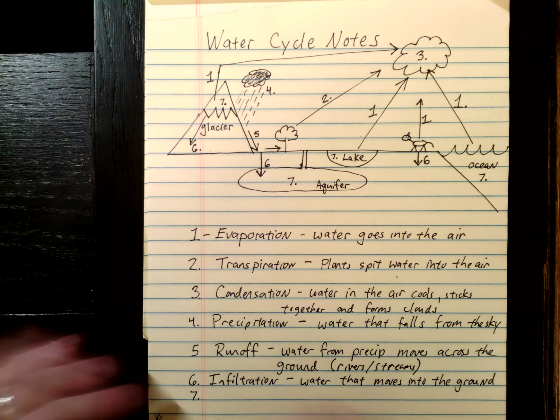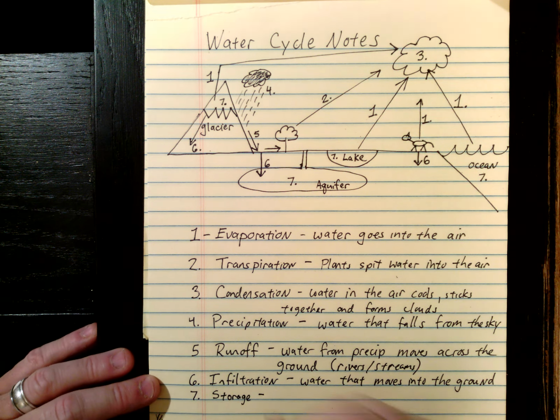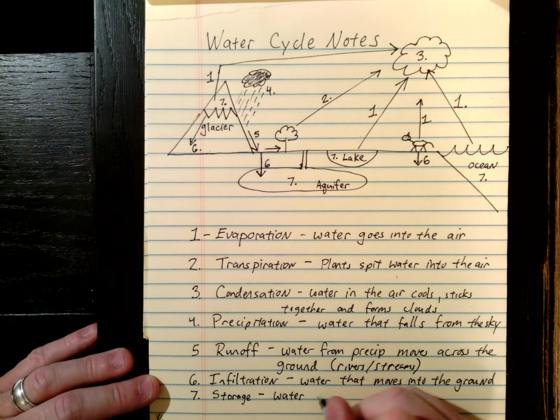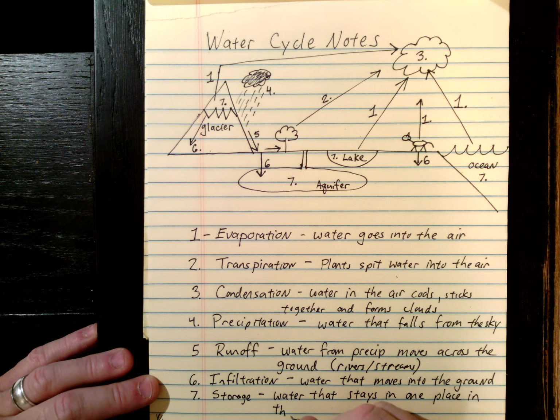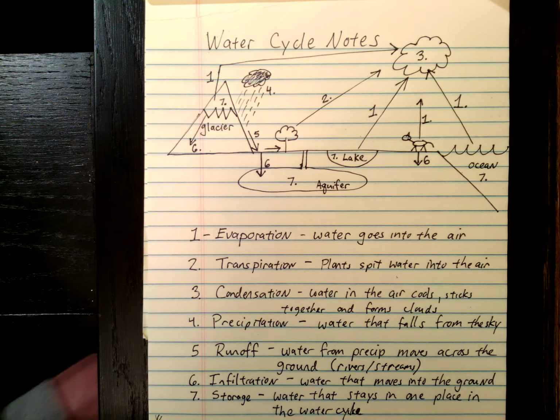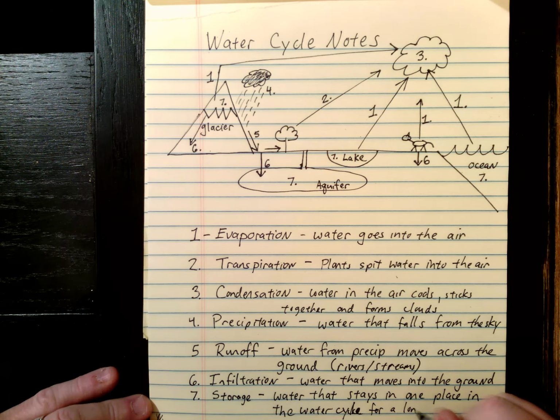Number 7 is a concept that we call storage. So storage refers to water that stays in one place in the water cycle for a long time.